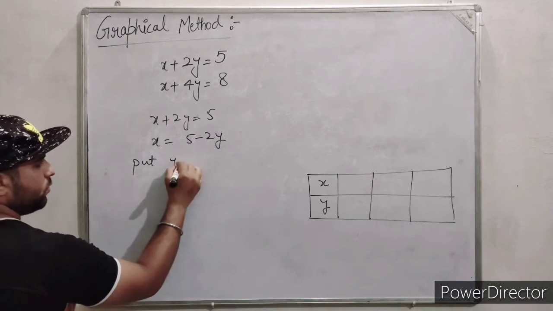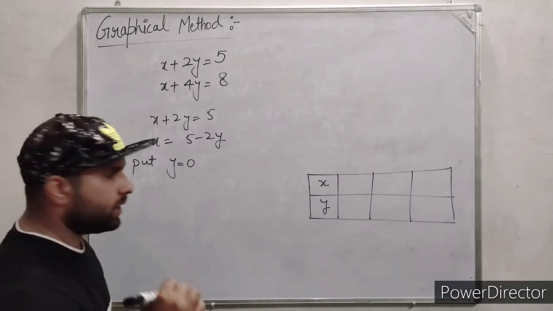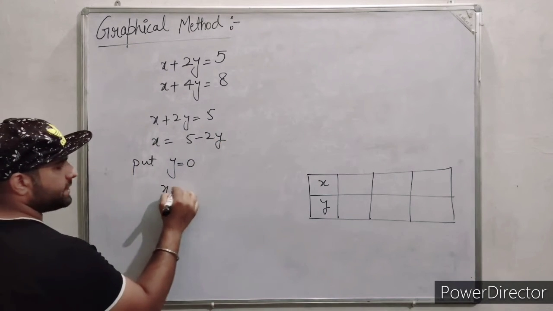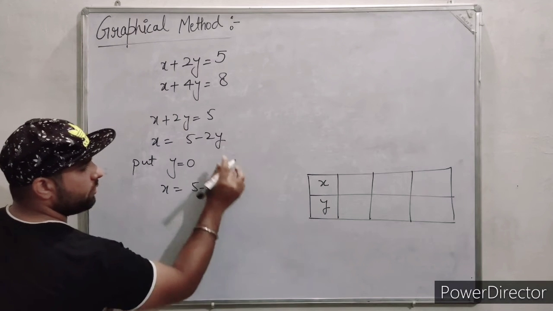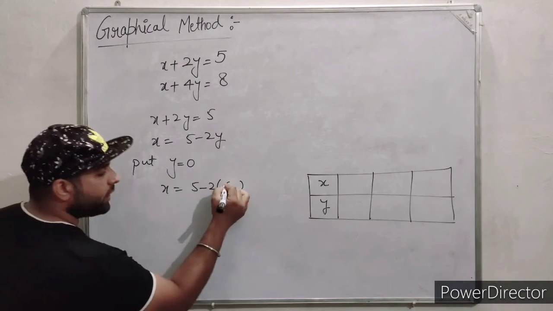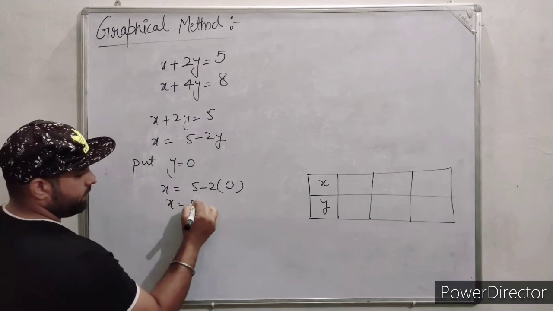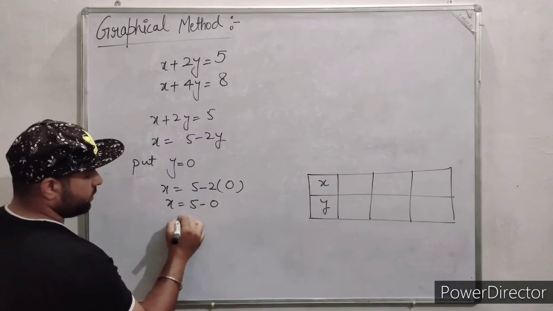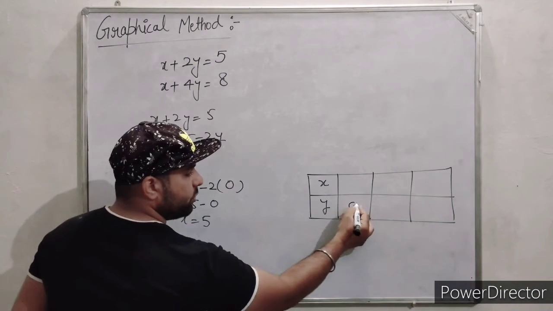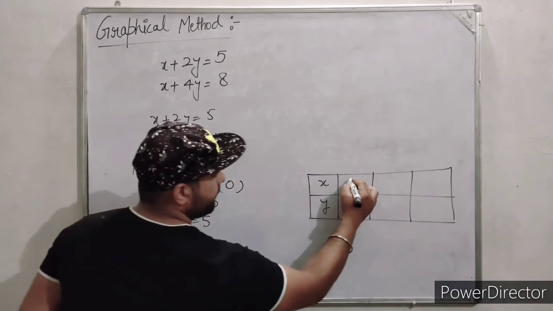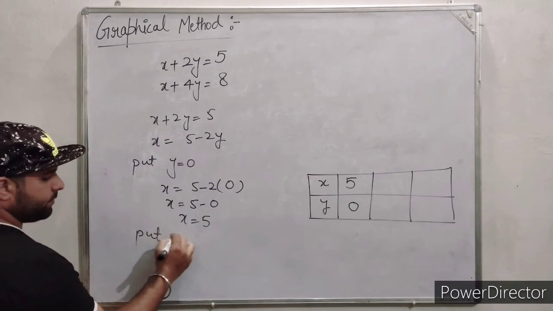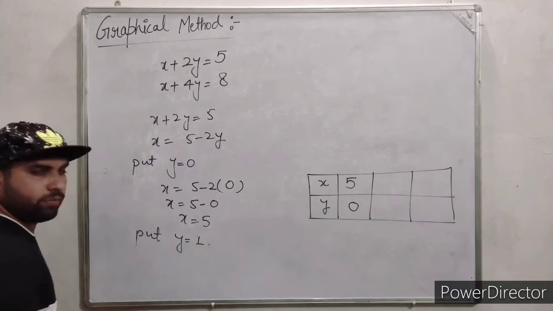Put y equals to 0. अगर हम यहाँ पे y की वैल्यू 0 रख दें तो क्या होगा? x is equals to 5 minus 2y. Here y comes, but what is the value of y? 0. 2 into 0 is 0. x is equals to 5. So जब मैंने y की वैल्यू 0 रखी तब x की वैल्यू मुझे 5 मिली.